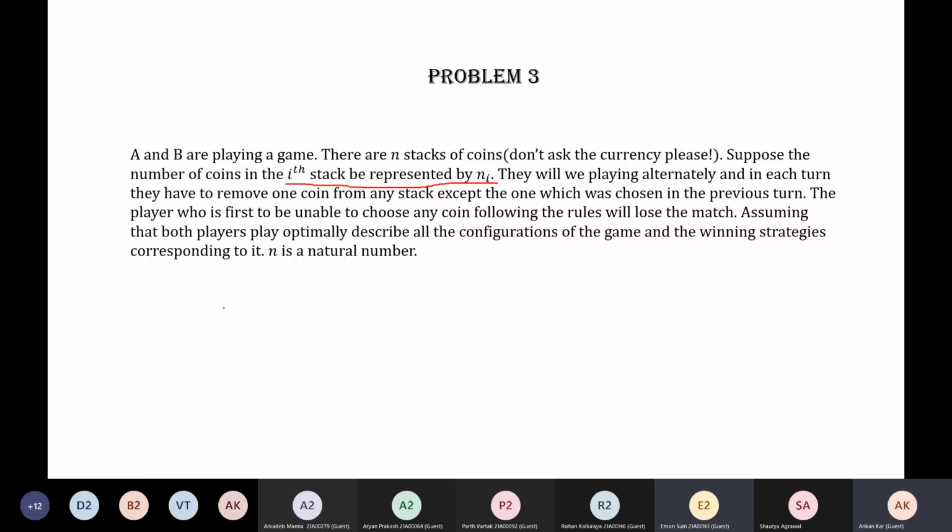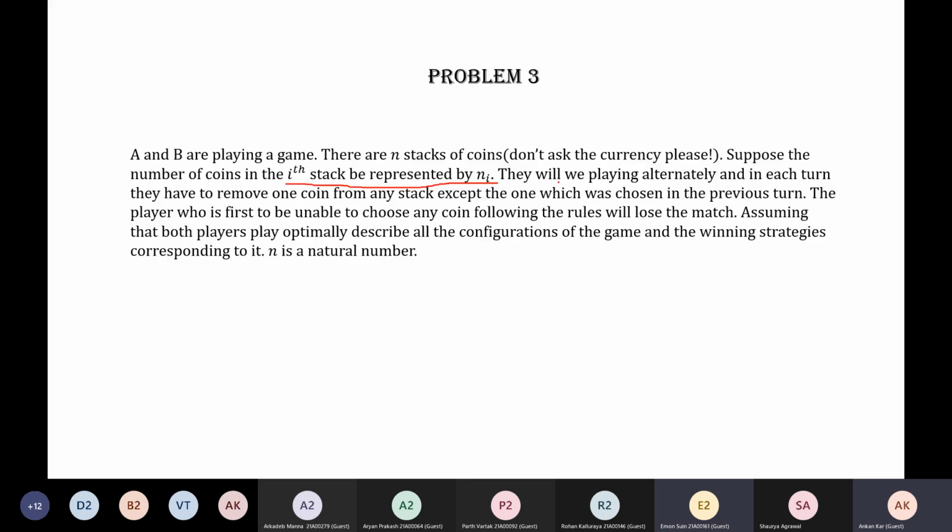All A has to do is equalize every single ni. But if n1 is equal to n2 and so on, then obviously B wins, because if A can't, then B will just play symmetrically.